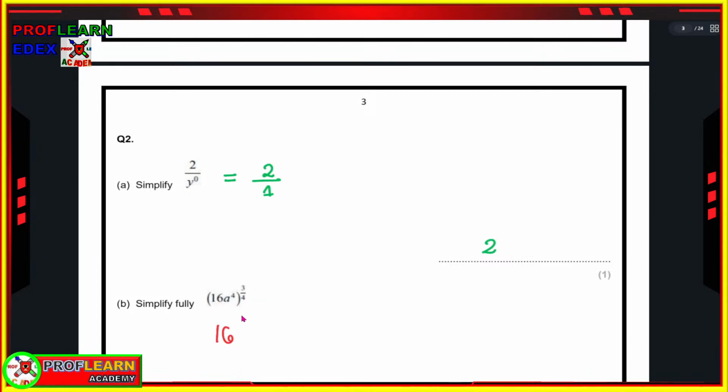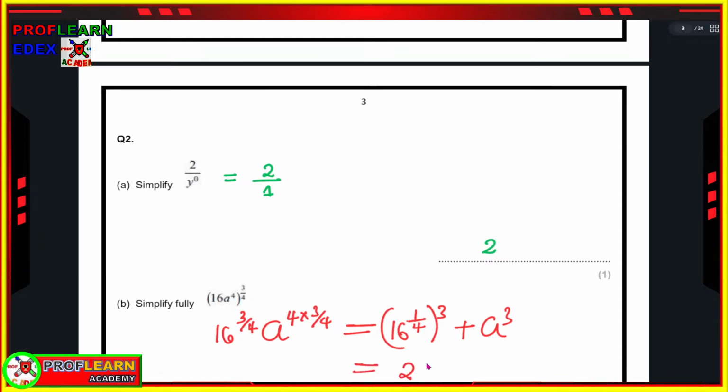So this is going to be 16 raised to power 3 over 4, a power 4 times 3 over 4 also, which is going to be equals to 16 raised to power 1 over 4 power 3 times a raised to power 3, because we can express this as 1 over 4 times 3, so that we can take a quarter in. Sorry, this is multiplication here.